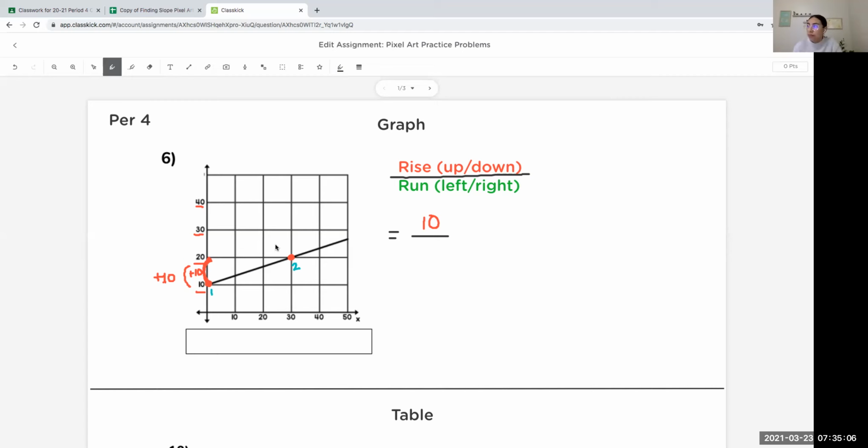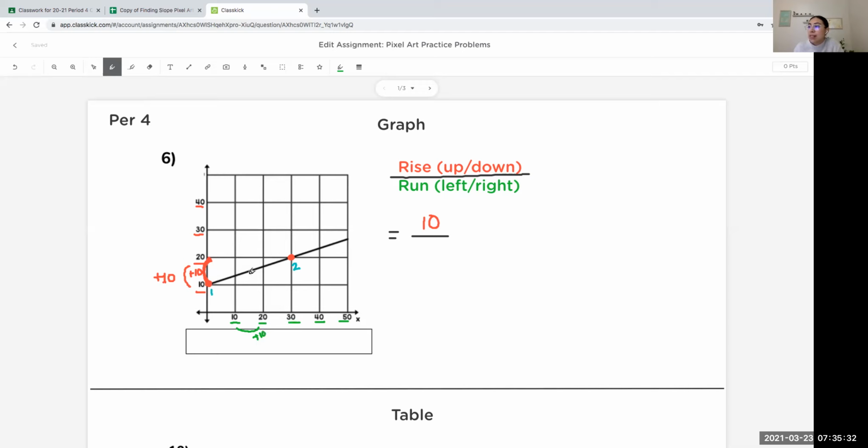Okay. So now that we went up, we're almost from the first point to the second point. Now we just have to go from this left side here to the right. But you also want to look at your scale. This is 10, 20, 30, 40, 50, which means every time we make a jump here, we're jumping by 10.